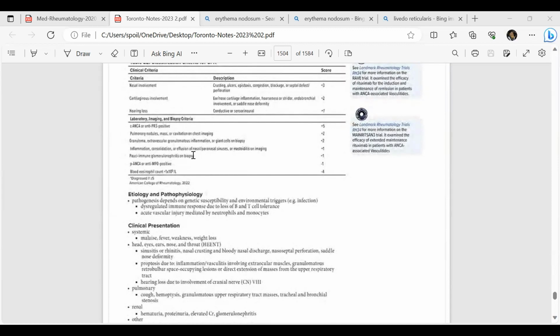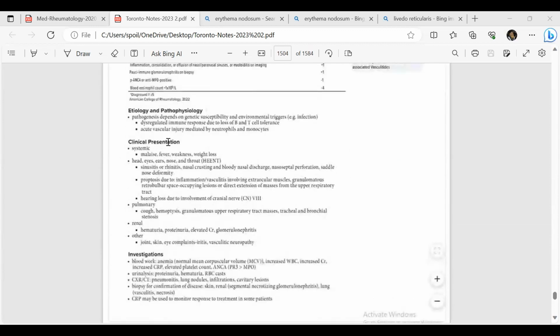Inflammation or effusion of nasal and paranasal sinuses, mastoiditis on imaging, it's 1. pANCA or anti-MPO positive, then 1. Blood eosinophil count, 1 into 10 raised to power 9 per liter, and it's minus 4. And pauci-immune glomerulonephritis on biopsy, it's 1.